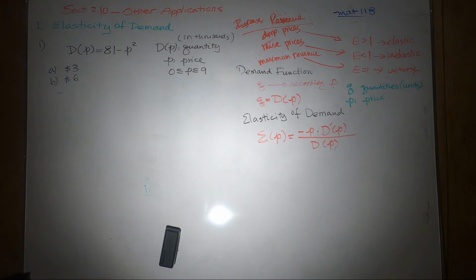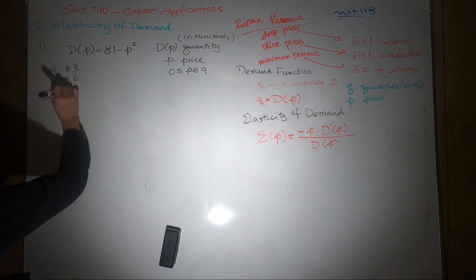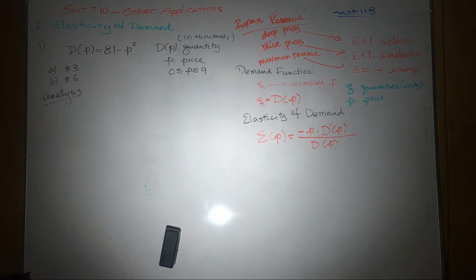So you look at the question and you are not sure what it means. What can you do? You can try to do some analysis. You just plug in the numbers and see what comes out, then decide what kind of meaning it can possibly have.